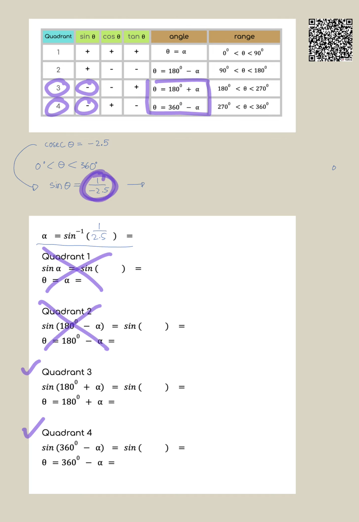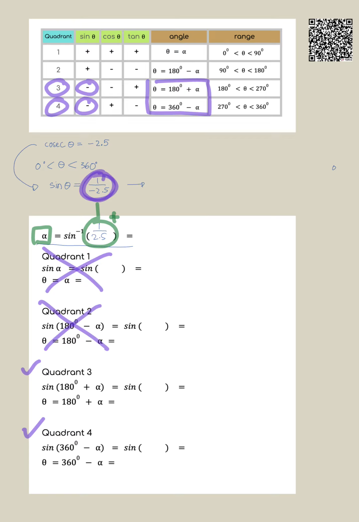Don't put a negative number inside this function, sine inverse, because alpha is in quadrant 1. So alpha is supposed to be between 0 and 90. So we just put in the positive number there. That means alpha is not our answer yet, but we use alpha for our answer later. So remember, always put the positive number there.